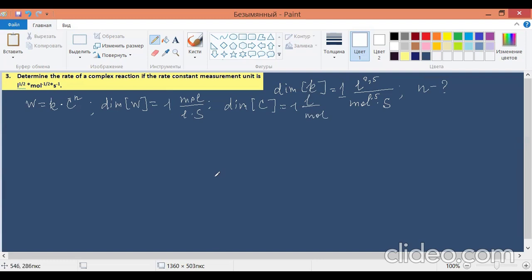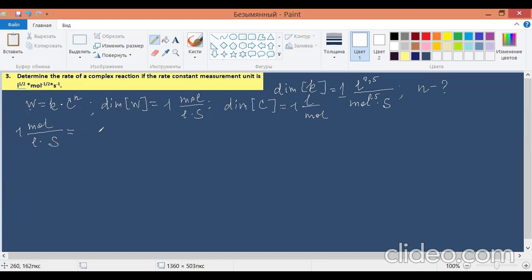Okay. Now let's plug these measurement units into the corresponding terms of this equation. So instead of W, I write 1 mole over L over s.